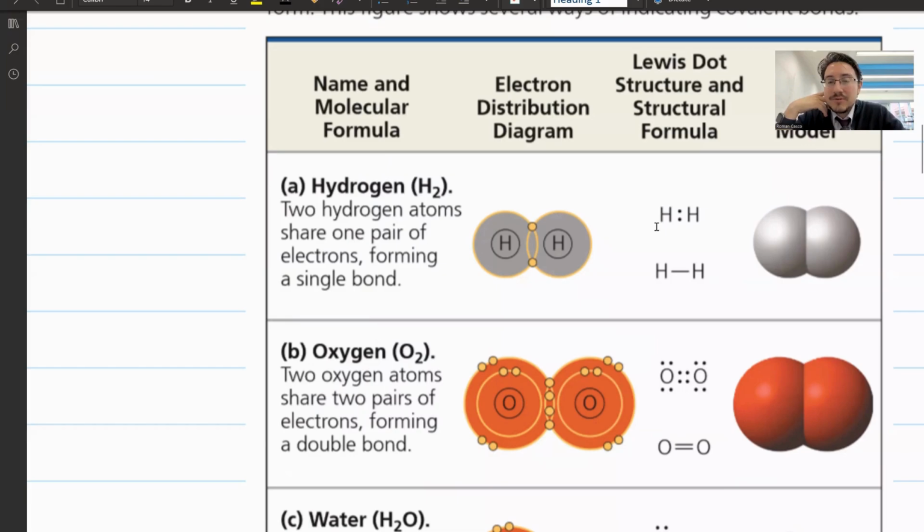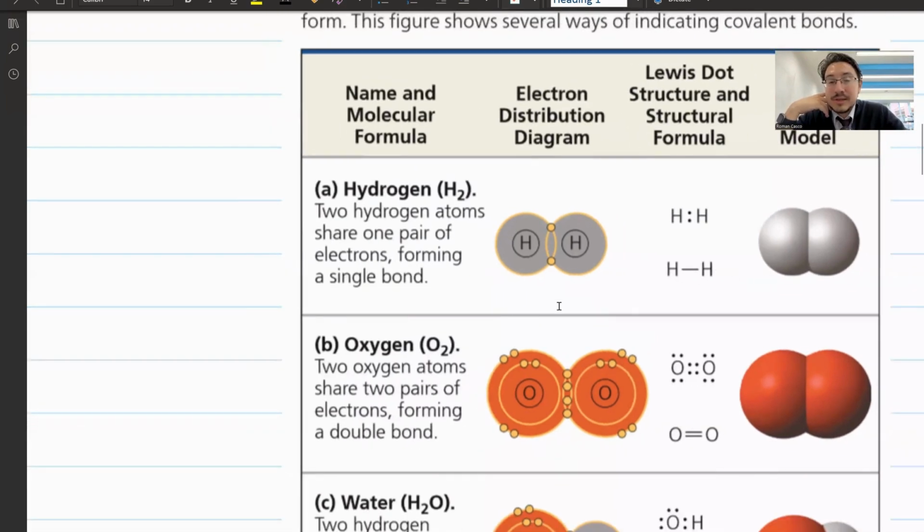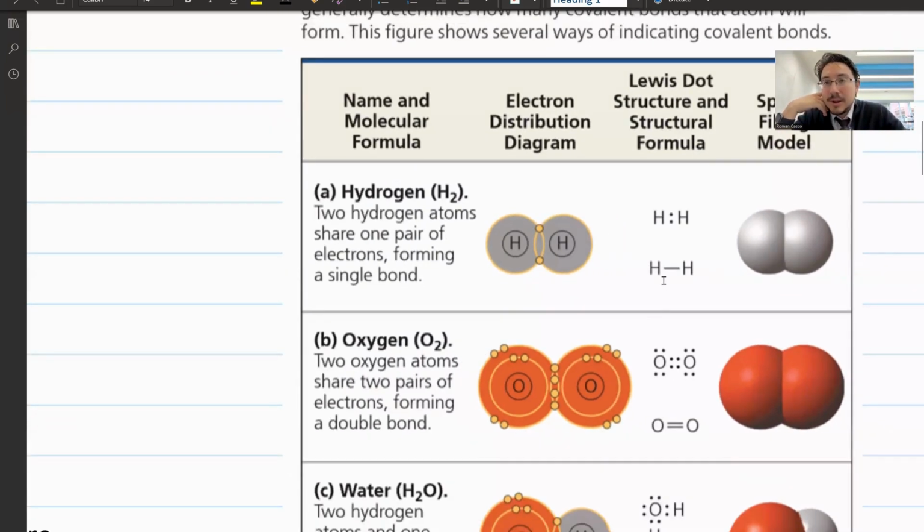Now they both can fill their orbital and they're sharing electrons. So this would be a form of covalent bonding, and more specifically something called a single bond.